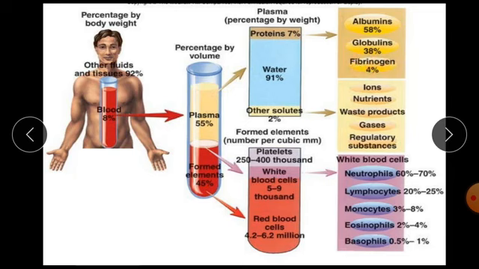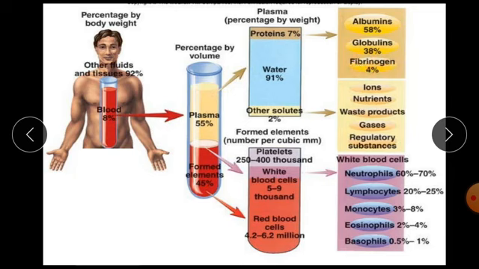And if you distribute the WBC among the blood cells, neutrophils are near about 60% to 70%, lymphocytes 20 to 25%, monocytes 3% to 8%, eosinophils 2 to 4%, basophils 0.5 to 1%.